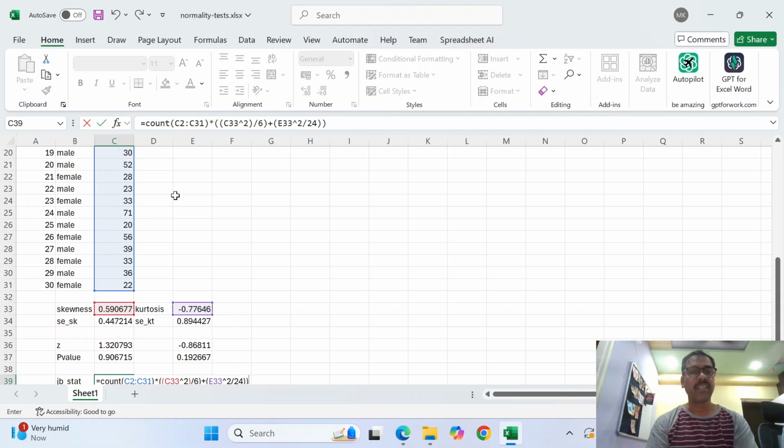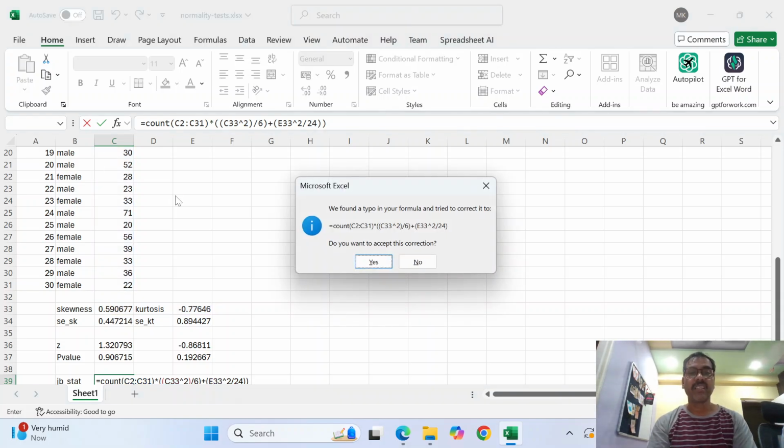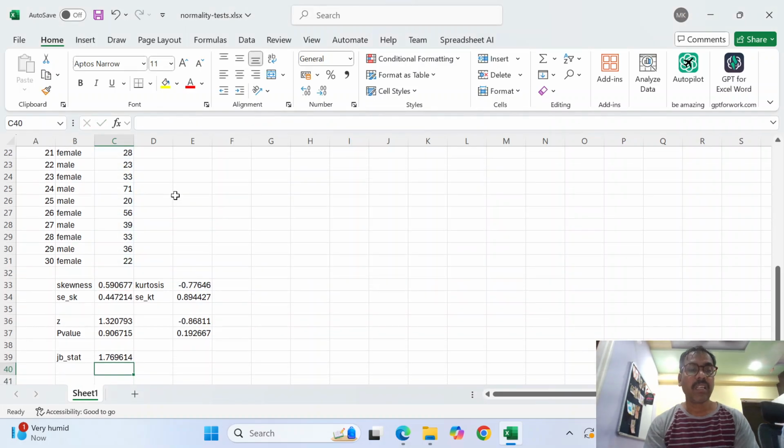That is n multiplied by skewness square divided by 6 plus kurtosis square divided by 24, that is this value. So this is actually the chi-square value.